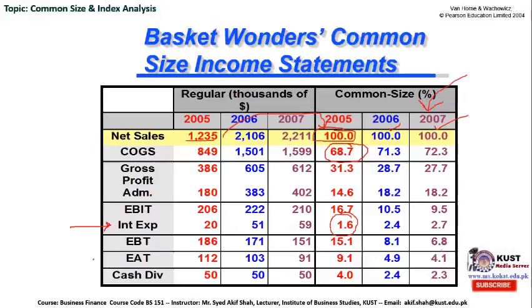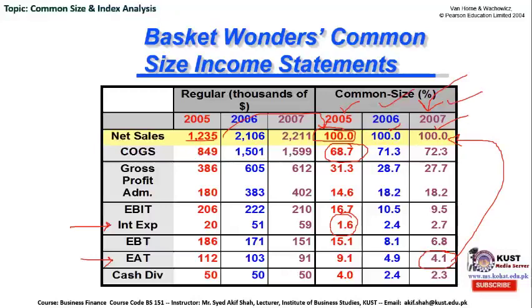How can we make an analysis for earning after tax for year 2007? We can infer that the company's earning after tax in year 2007 is 4.1% of the net sales, because we have calculated all these percentages for 2005, 2006 and 2007 with respect to the net sales of the company.